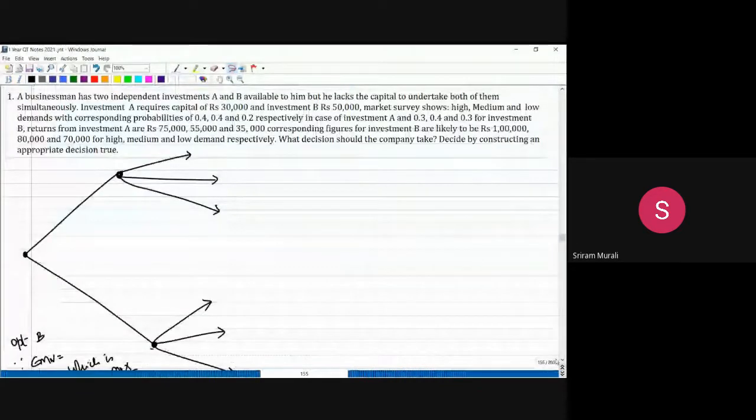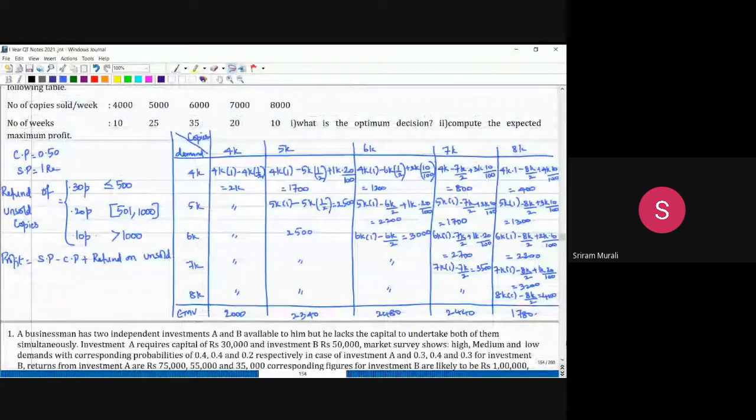So what is the expected profit? How do you find expected profit? Can anyone tell?